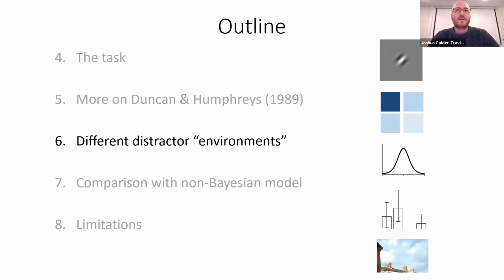Particularly interesting in our case is the question of whether the model can capture that precise relationship between mean and variance and accuracy that didn't quite fit with the Duncan and Humphreys story, and which also possibly wasn't well captured by logistic regression. It will also be especially interesting to look at whether the Bayesian model can capture the effect of different distractor environments, which is one of the ways in which we're building on the results that Andrew's discussed.